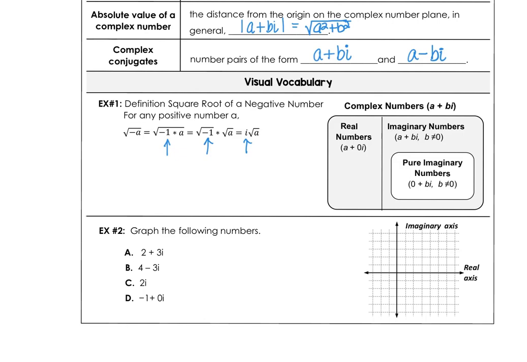So real numbers, we have real numbers like 7 or pi or square root of 2 or 3.5. Those are real numbers. But we have imaginary numbers such as 2 plus 5i or 3 minus i. And then we have pure imaginary numbers when we have things like 2i or -5i.